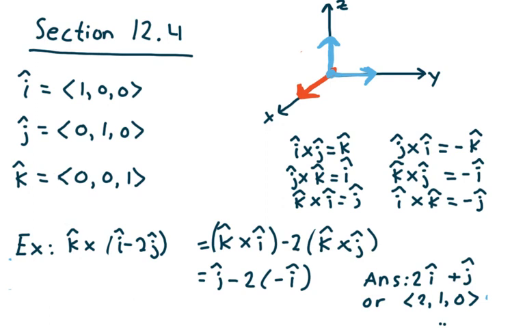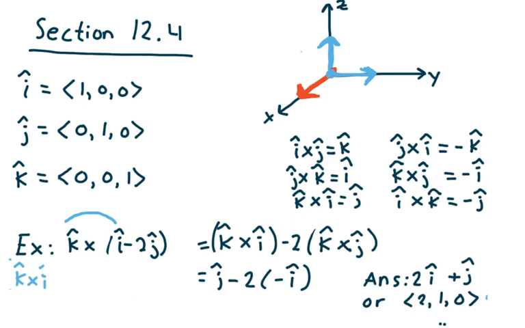Now, we want to take a look at k cross i minus 2j. So in other words, k cross the quantity i minus 2j. And we want to figure out this vector without using any kind of determinant notation. But from the properties of cross products, keep in mind that I can take k cross i, okay?